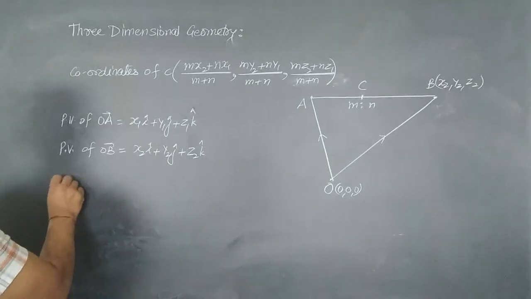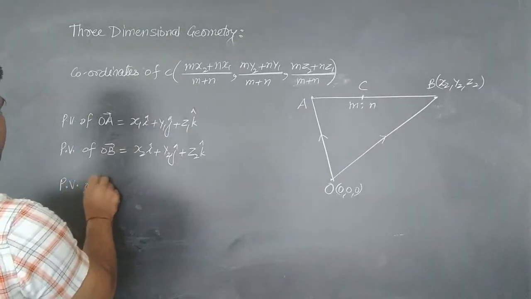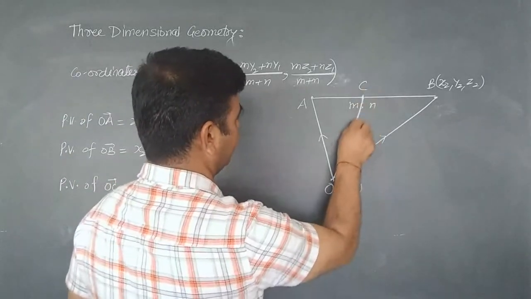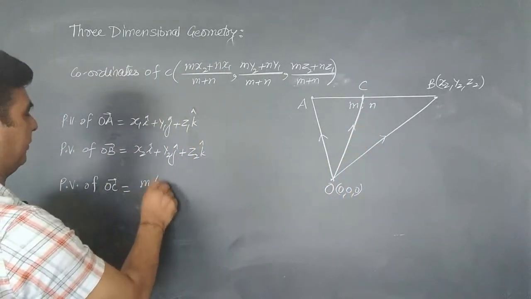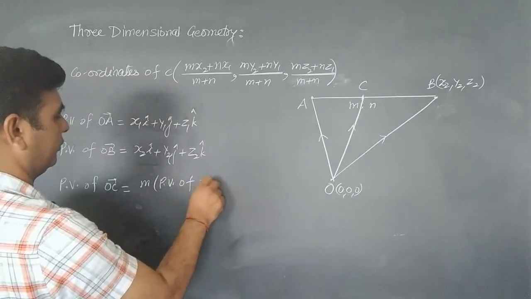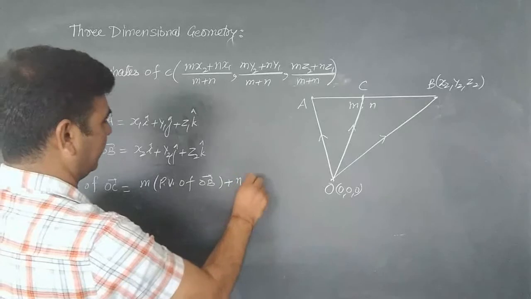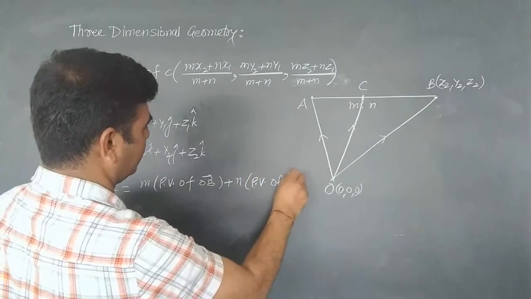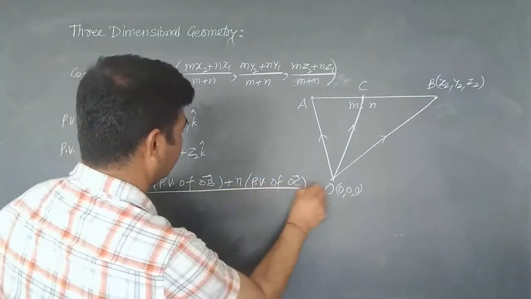If you want to find the position vector of OC, which is in this direction, it is given by m multiplied by the position vector of OB plus n multiplied by the position vector of OA, divided by the sum of the ratio.